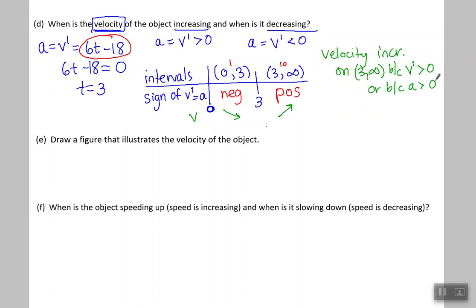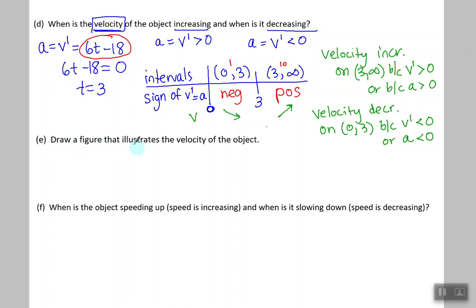Either justification would work just fine. Similarly, we can say that our velocity is decreasing on the interval 0 to 3 because v prime is less than 0, or a is less than 0. Either way works just fine.